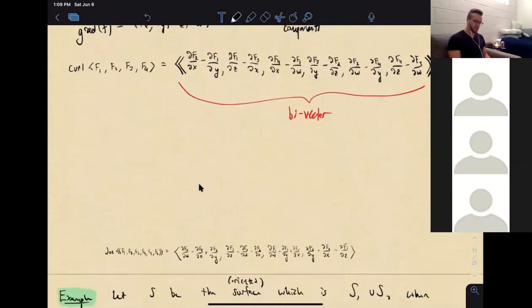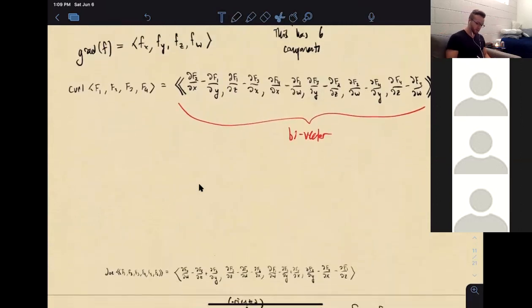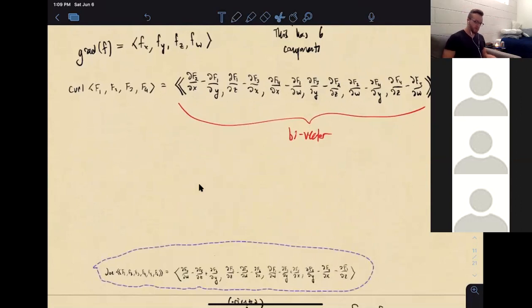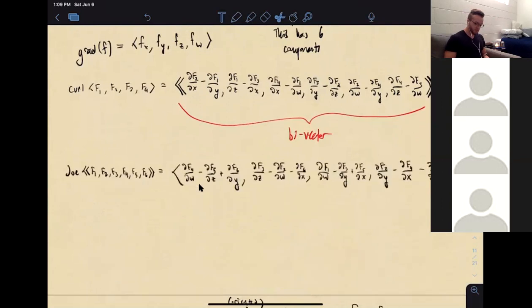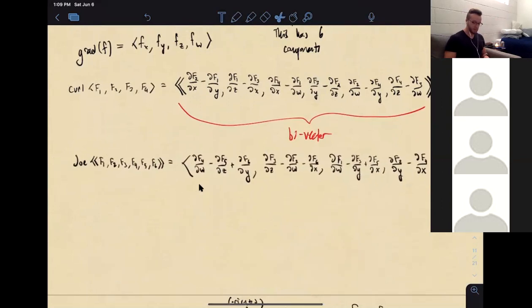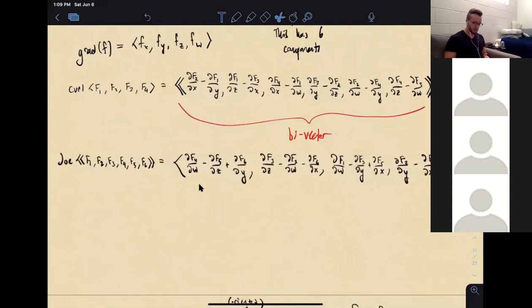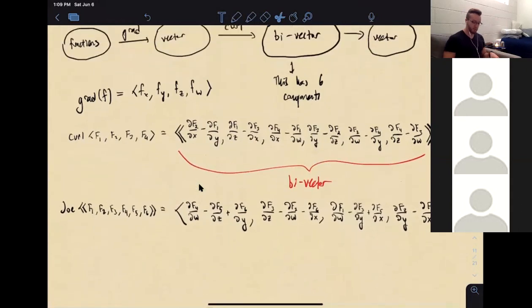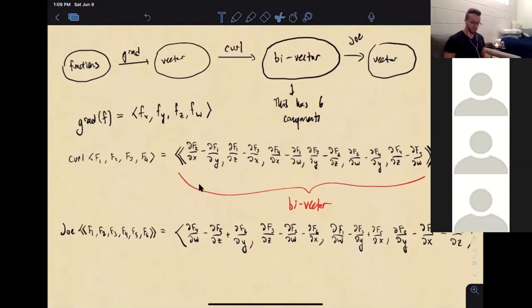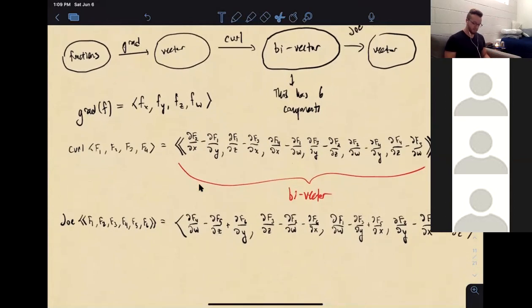And I also worked this out earlier today, again, like 20 minutes ago. There might be a sign error here and there somewhere, but that's pretty much it. That would be the Joe operation. So again, it eats something with 6 components and spits out something with 4 components.